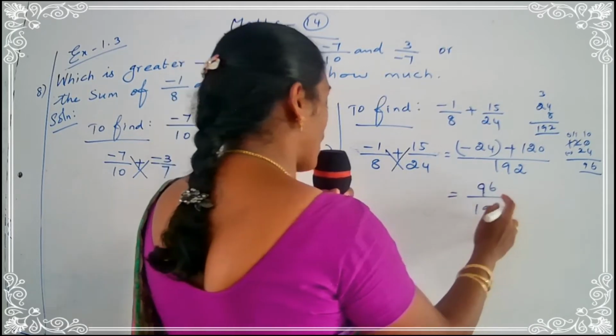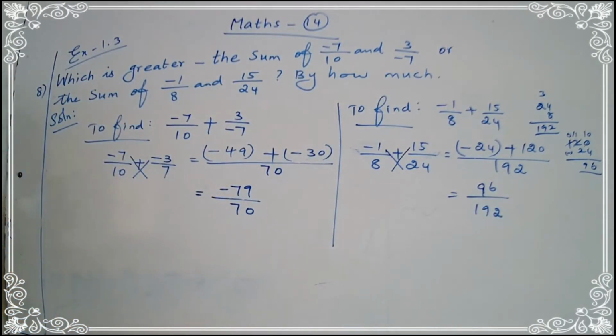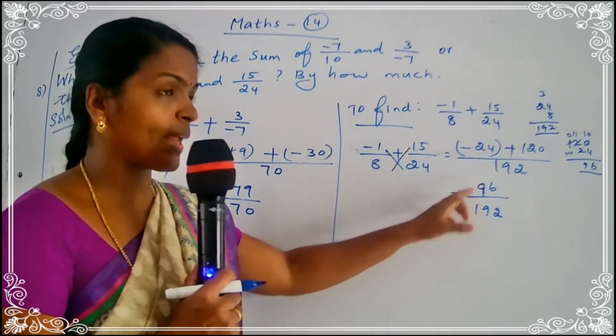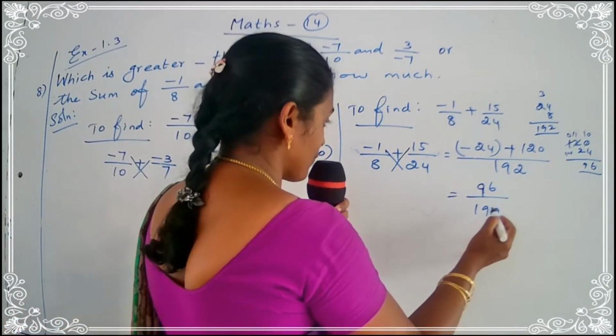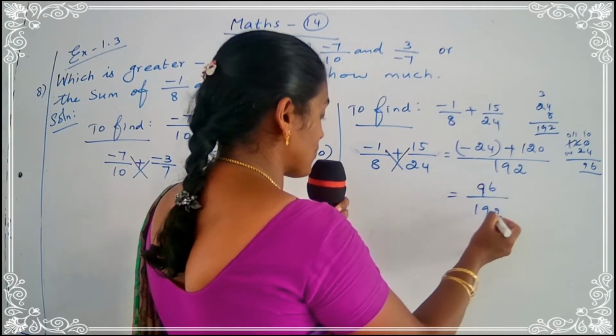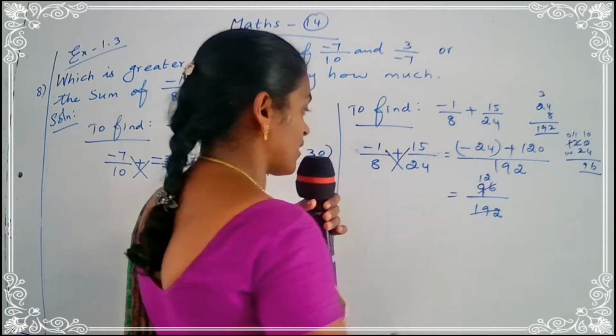96 upon 192. Okay. So is it in standard form? No. Here the numerator and denominator have common factors. Then you find the common factors and divide. Is the 8th table possible? Yes. 1 8 is 8, 2 8s are 16.